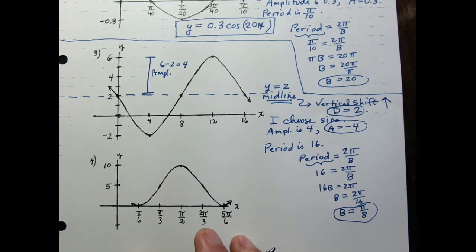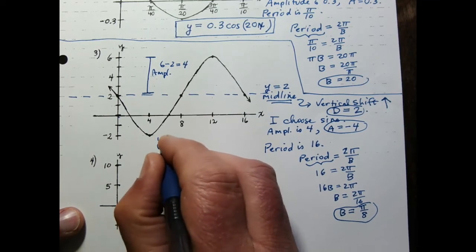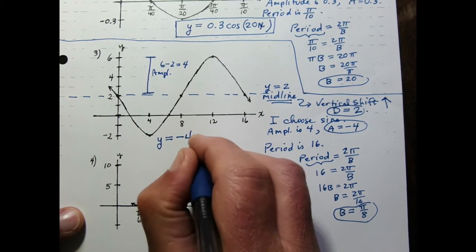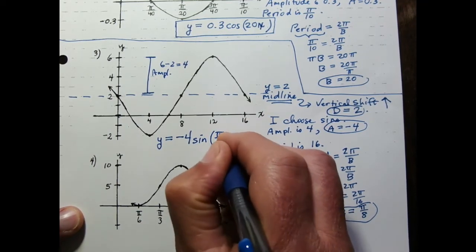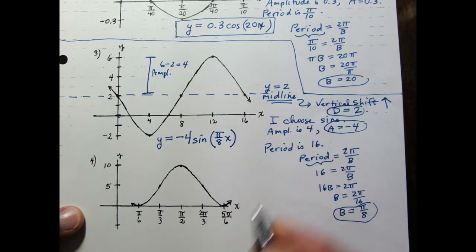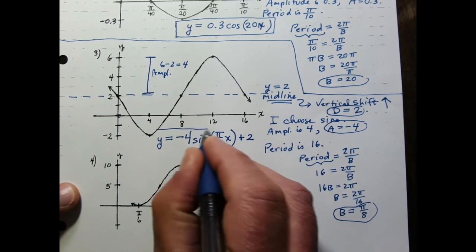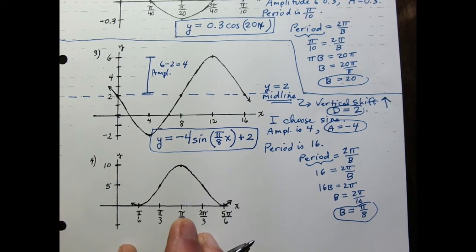So I got an a and a b and a d. I would only have a c value if we had a phase shift in number 3. I don't see a phase shift. So I think we're ready to write down our formula. We're using sine, so we write y equals negative 4 sine of bx, so it's going to be pi over 8 x, close parentheses, plus 2 on the outside to represent our vertical shift for that graph.